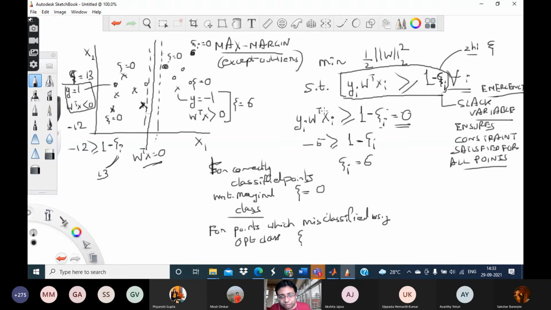That means if we consider these kinds of points, for a point like this or a point like this, this side will have to be less than -1, as we saw in this case -5, or in this case -12, etc. Now if this side is less than -1, then obviously xi will have to be greater than 1, otherwise this will never be satisfied. So we can say that for such points xi is greater than 1.